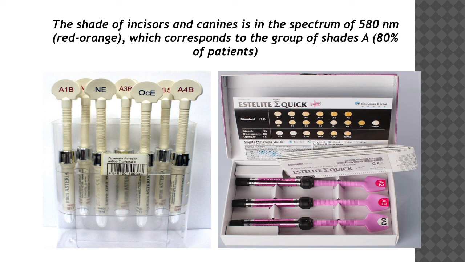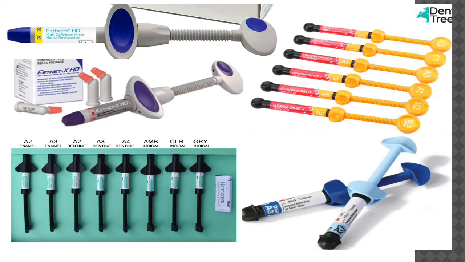The color of incisors and canines is in the spectrum of 580 nanometers, the orange-red, which is the group of colors A in most of the patients. On this slide, you can see the variability of shades of different composite materials.